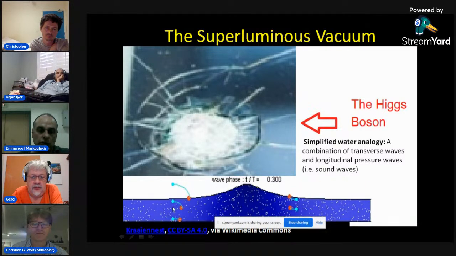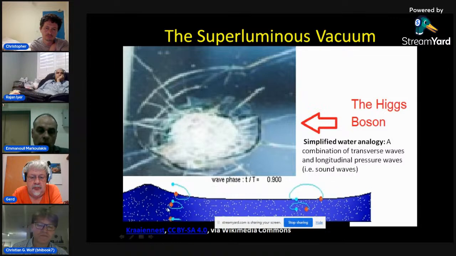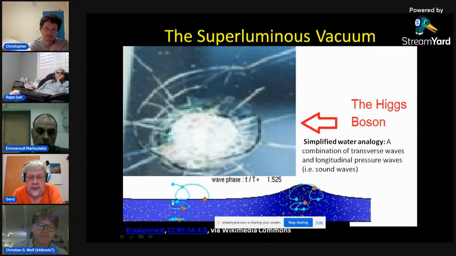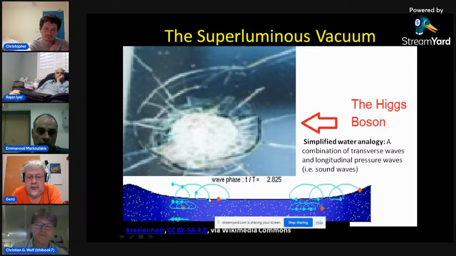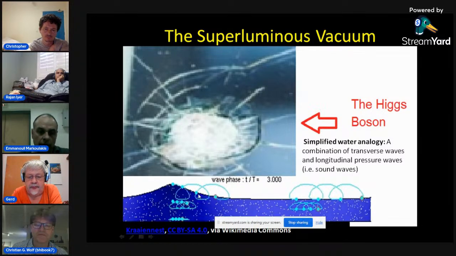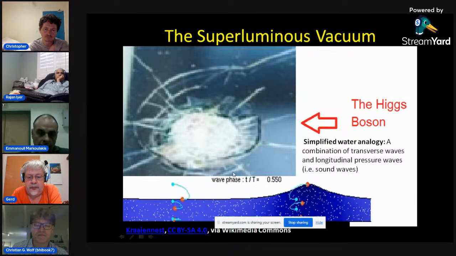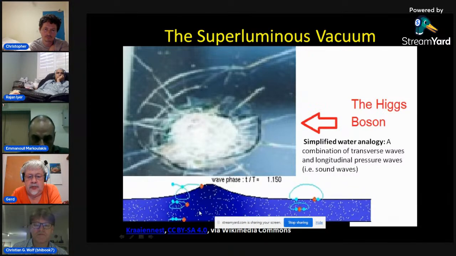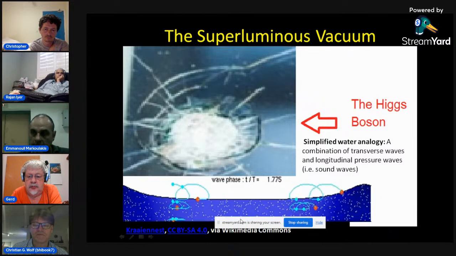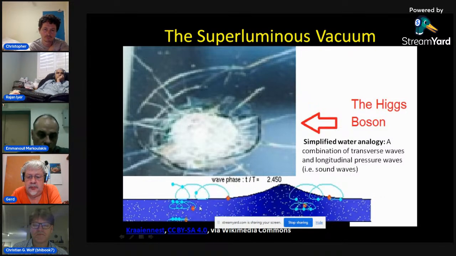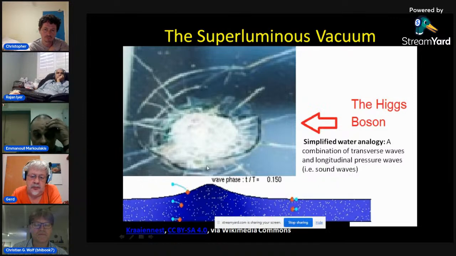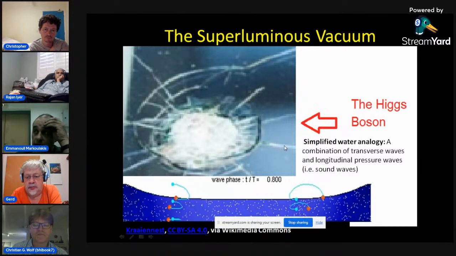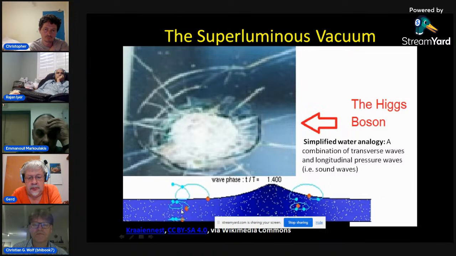Well, not the peak. You see this motion the water molecule is doing. You have the Z component, which is the transverse waves, and you have the longitudinal wave, pointing in the same direction as the pointing vector, the energy vector. So the longitudinal part in water is the sound wave, at the sound speed.